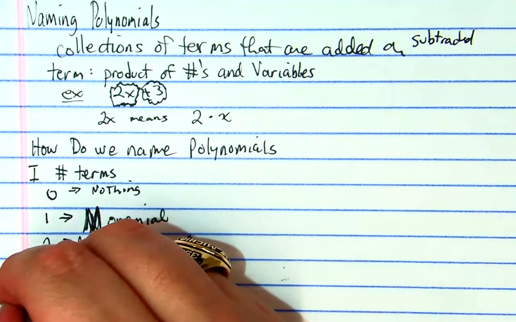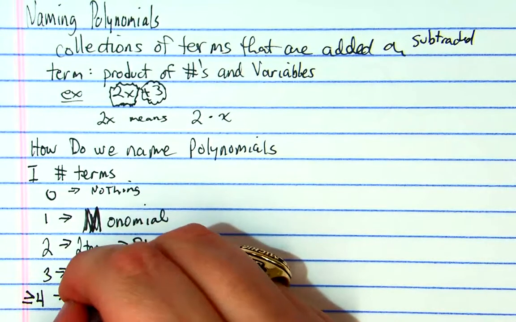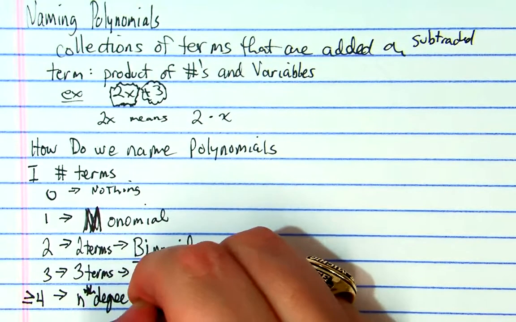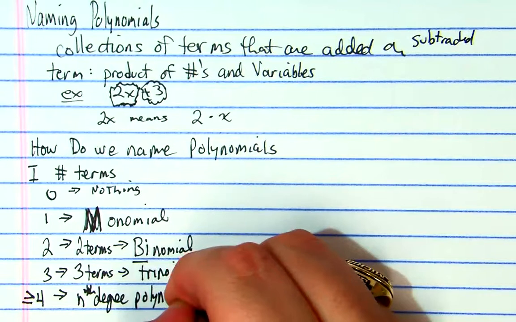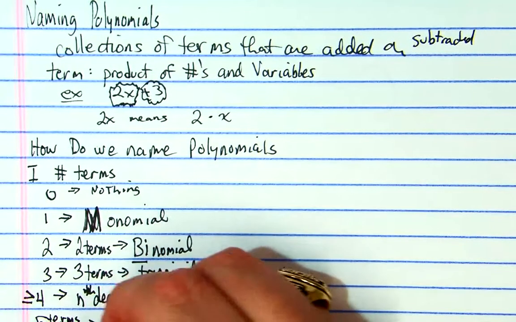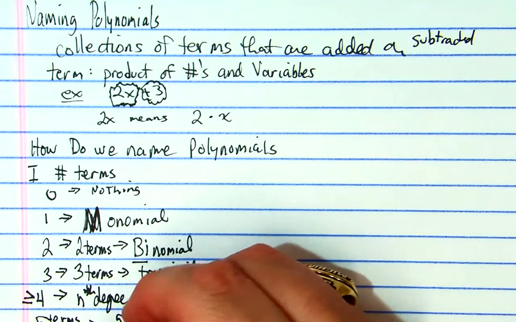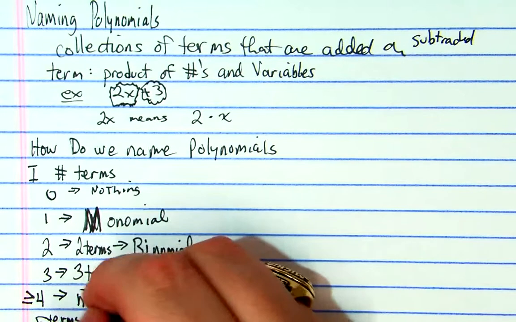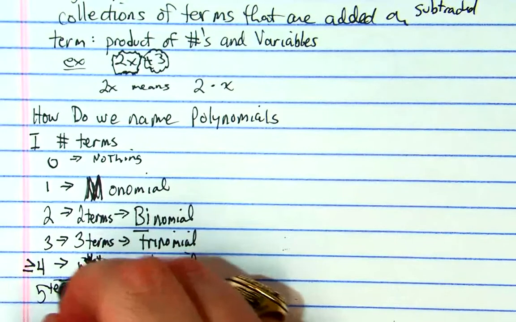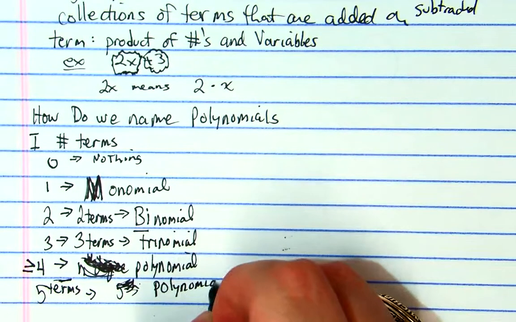And if there are 4 or more, we call it an nth degree polynomial. So if there are 5 terms, we call this a 5th, well, actually, we don't call it an nth degree. Sorry about that. That's what I'm talking about, degrees. If it's 5 terms, it's just called a polynomial. We don't have any special names.